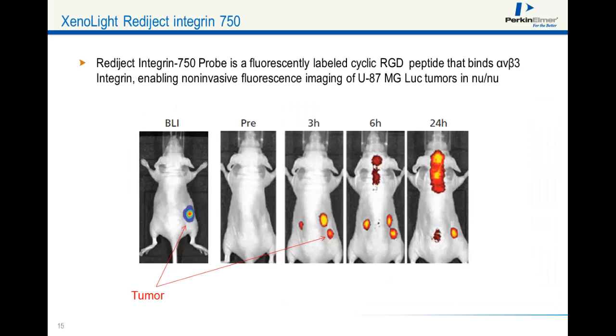The RediJect Integrin 750 probe is a fluorescently labeled cyclic RGD peptide that binds alpha-V beta-3 integrin, enabling non-invasive fluorescence imaging of, for example, U87 MG luciferase tumors in nude mice.